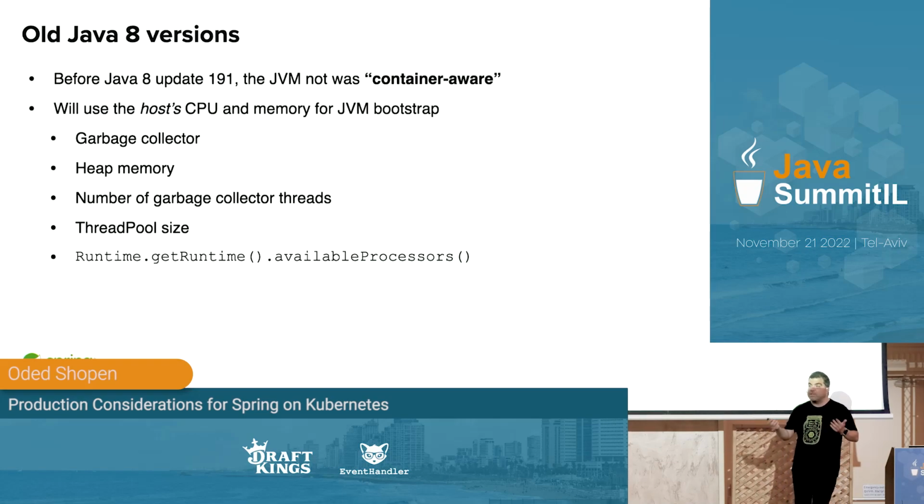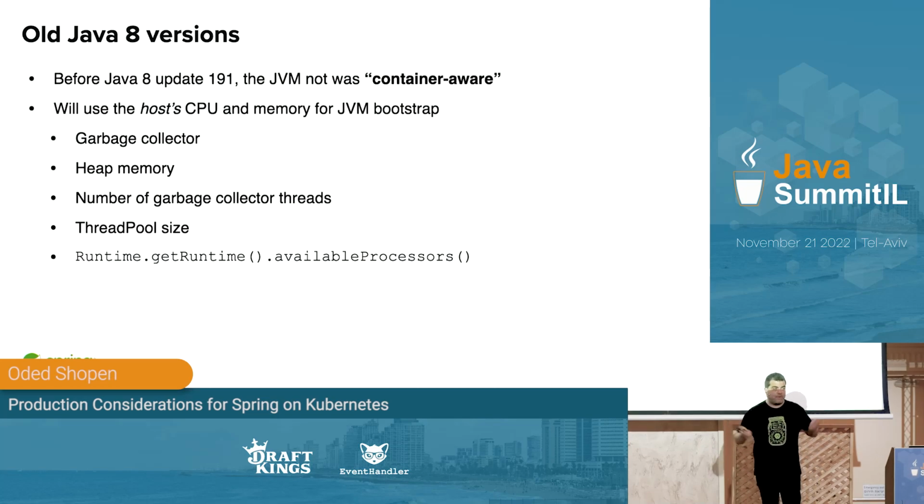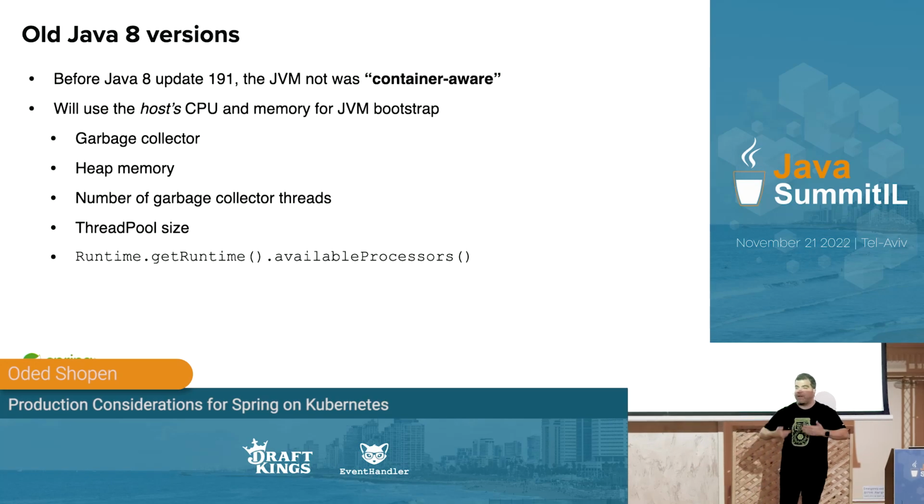So when you're using Java 8 in production on a containerized environment, there are important things you need to take care of. The most important one is to use an update version of Java 8 that is container aware, that is 191 or later. Because if you use an earlier version, like update 130 or 132, you're going to get the wrong parameters in your container. The JVM will think, oh my God, I have the entire host CPU and memory that I can use to bootstrap my application.